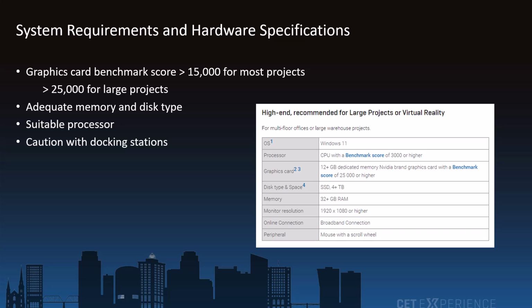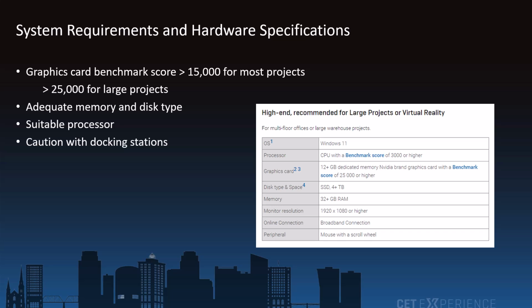And if you're unsure of what GPU you have, you can actually see it in the control panel in CET. I'll show you that in just a moment when we get into our control panel configuration. The other things that you want to make sure of are making sure that you have adequate memory and disk space, making sure that you have a suitable processor.